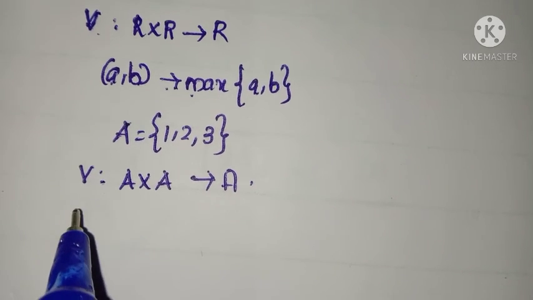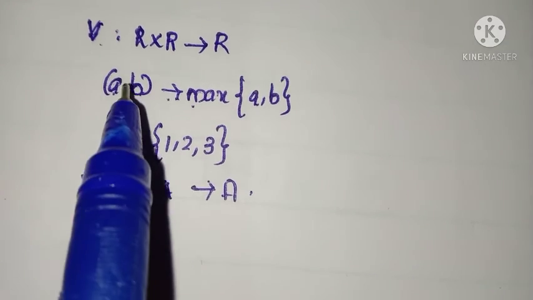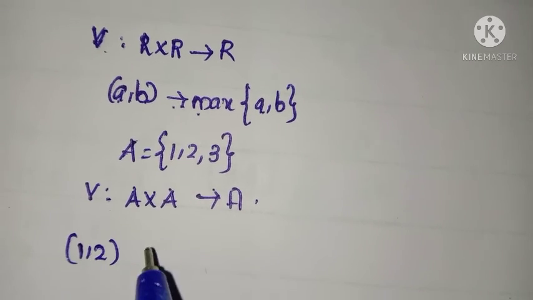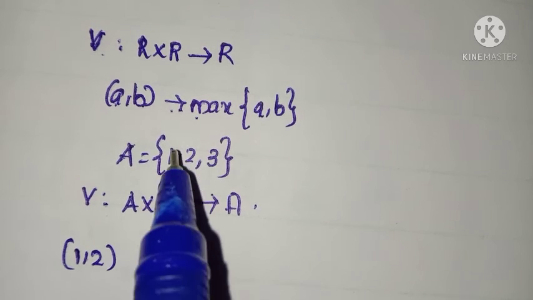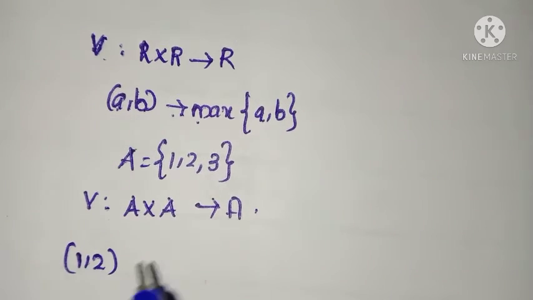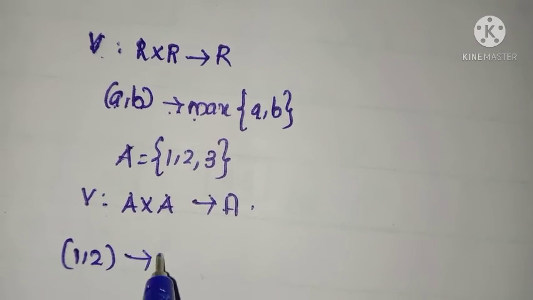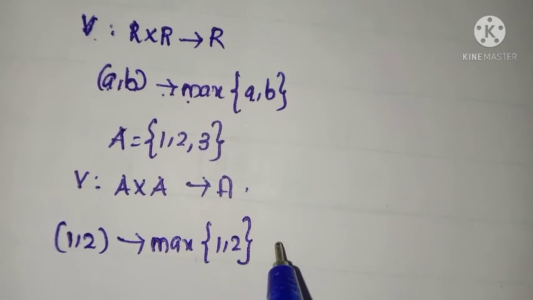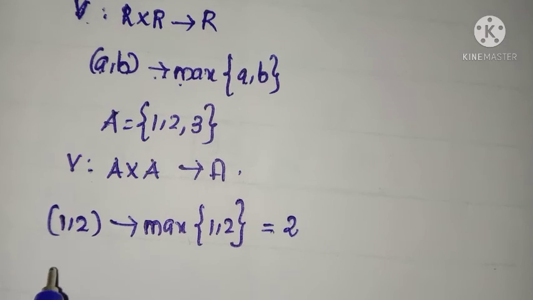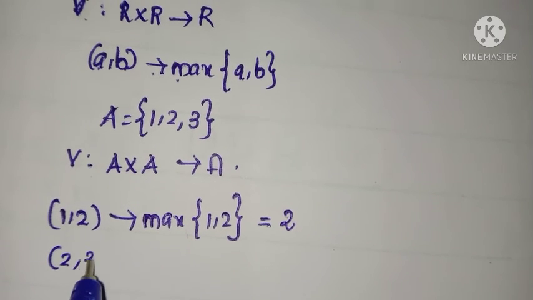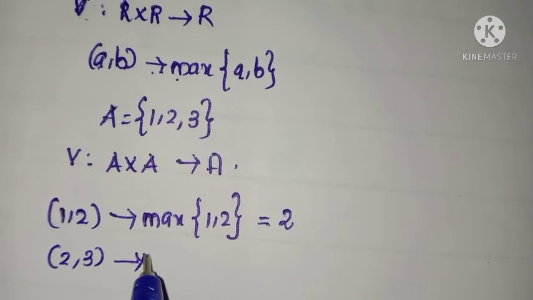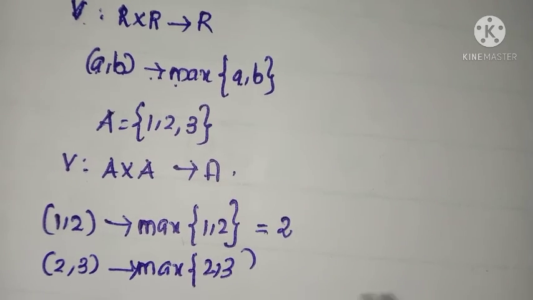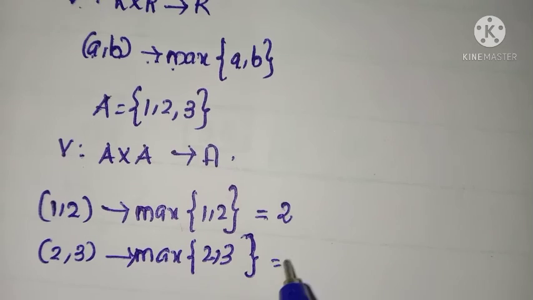So let us consider any two numbers, or make a pair (1, 2), and apply the function join. So (1, 2) maps to maximum of 1, 2. Maximum of 1, 2 is equal to 2. If we take the pair (2, 3), then the operation gives maximum of 2, 3, that is 3.